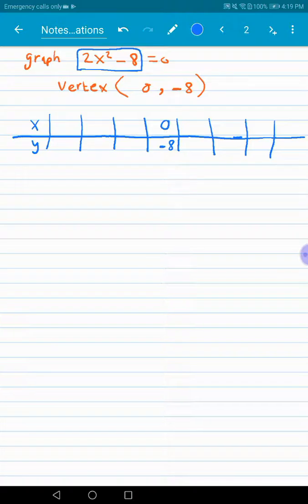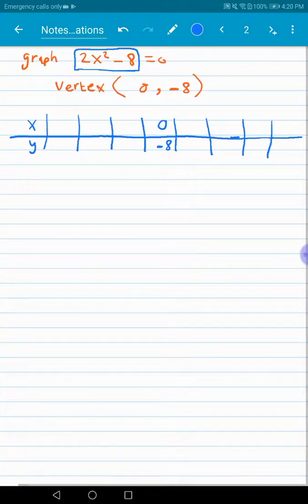We need to find 3 values before. What are the values that come before 0? Minus 1, minus 2, minus 3. And choose 3 or 4 values after: 1, 2, 3, and 4.